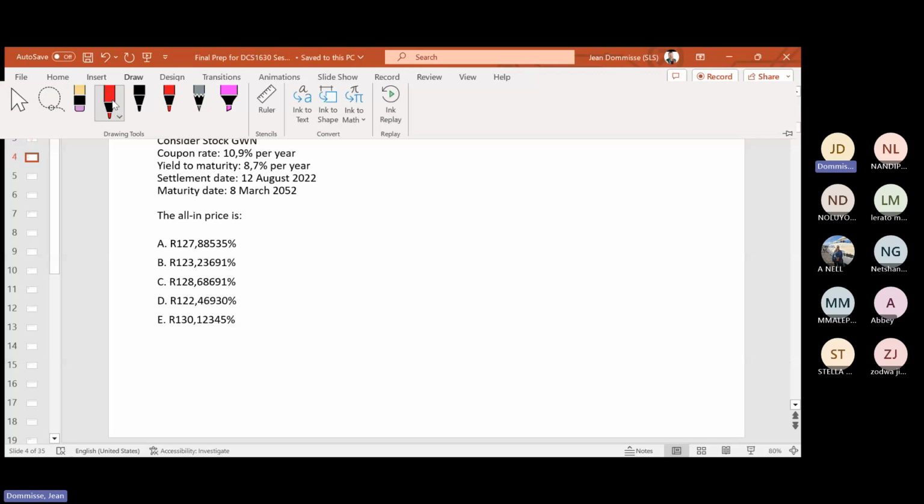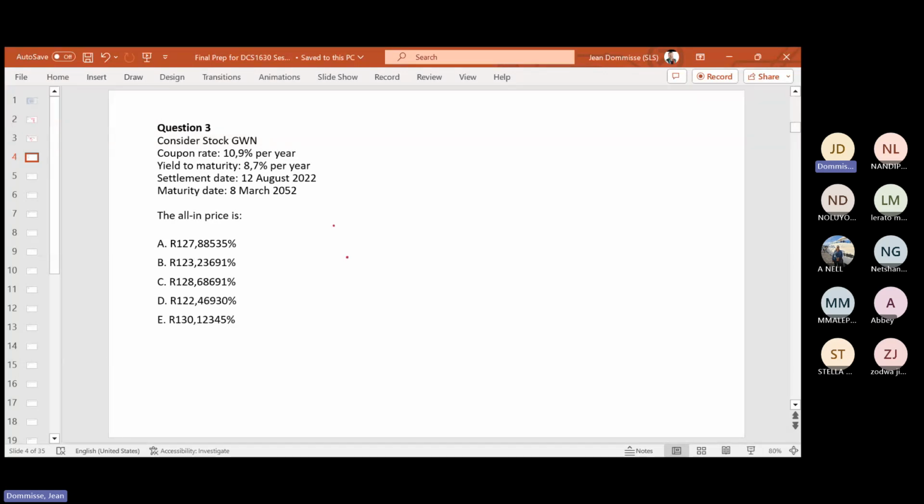So nearly what I would do first with this one is draw a timeline. So let's see, the settlement date, 12 August 2022.